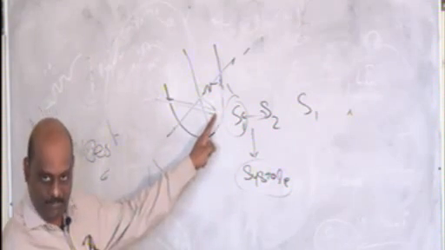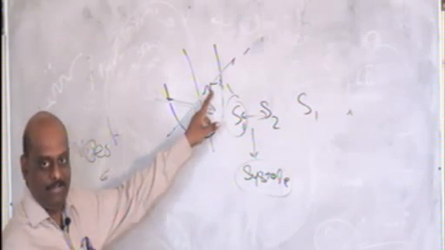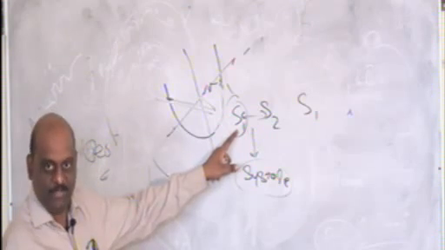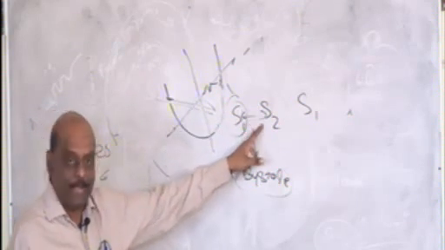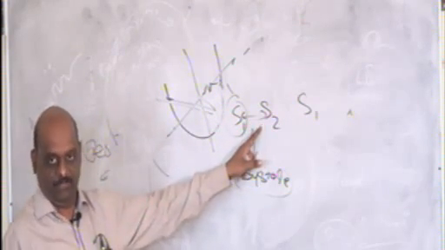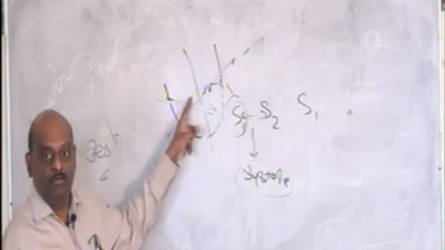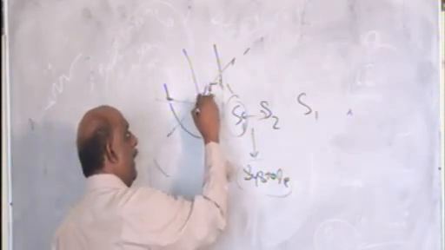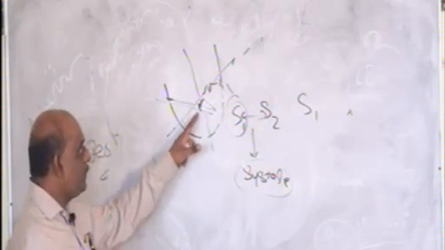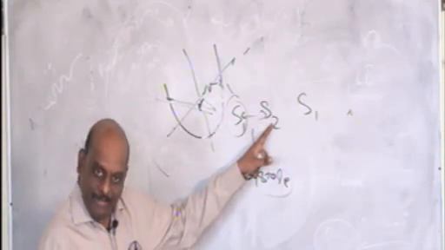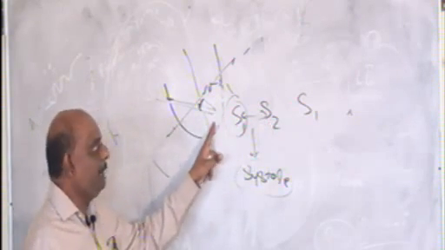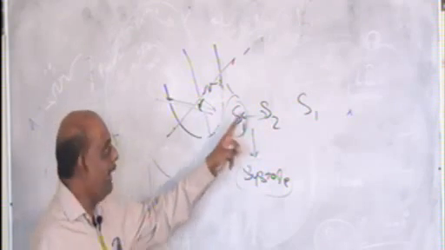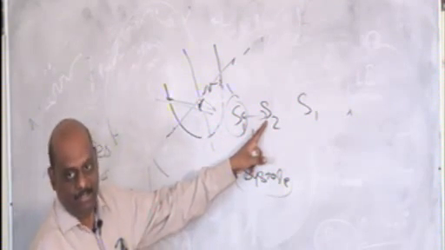Hence, ventricular systole begins after closure of the mitral valve. Closure of the mitral valve produces S1, hence ventricular systole occurs after S1. At the end of ventricular systole, which valve will close? The aortic valve closes. Hence, closure of the aortic valve is called S2. So, systole begins with S1 and ends with S2.